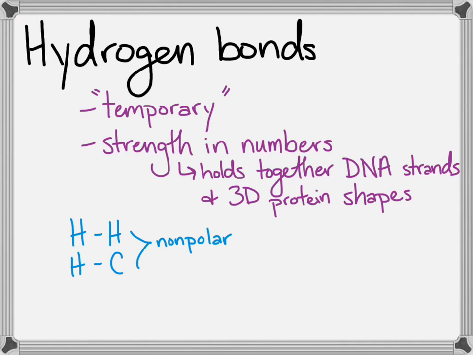So if you put hydrogen with another hydrogen, it's not going to form a polar bond. Hydrogen next to oxygen or nitrogen will form a polar bond. So if you see hydrogens near those 2 atoms, that's where you're going to start to see those parts of the molecules, the parts with the hydrogen-oxygen covalent bonds or the hydrogen-nitrogen covalent bonds, start to attract or repel other polar parts of the same molecule or other molecules.